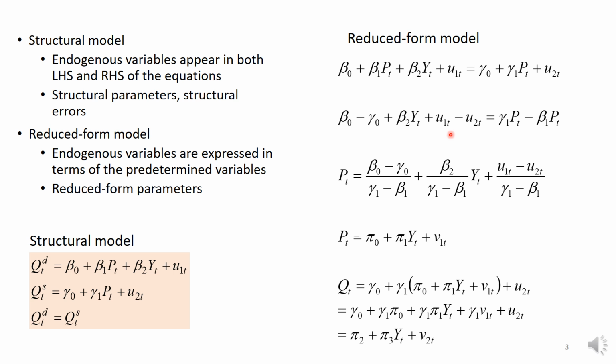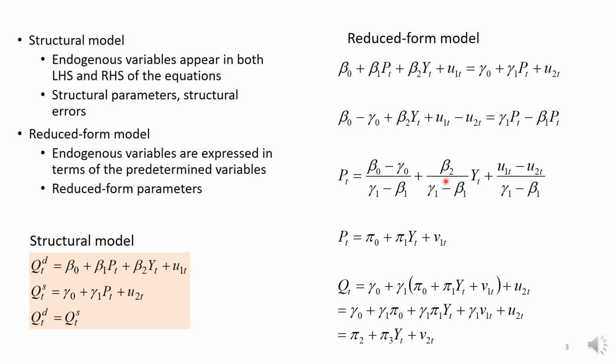So you just combine, put the P all on one side, and put your predetermined variable, in this case just Y. Then you divide everything by gamma 1 minus beta 1. So you have this, and you have this, and you will have this. We can rewrite all of this and put it as pi naught.